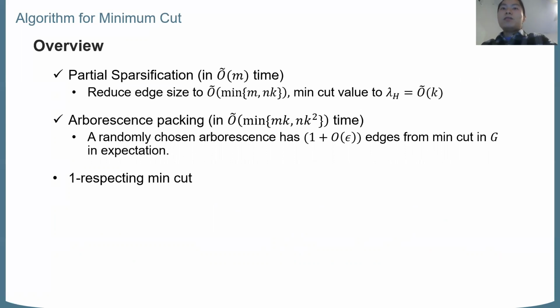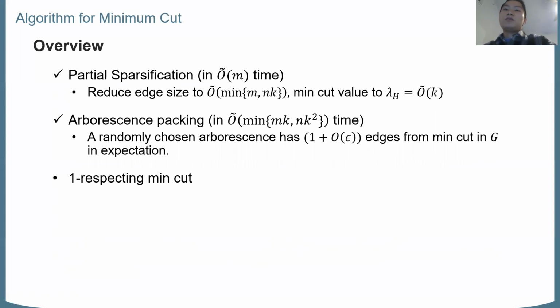Then we also notice that since an arborescence is like a spanning tree, it must use at least one edge from the min cut. So if we pick log n random arborescences from the packing, then with high probability, at least one of them will only use one min cut edge.